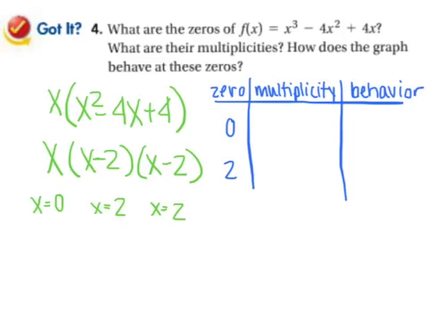What's the multiplicity of 0? Cameron? 1. What's my multiplicity of 2? Jack? 2. Right? Multiplicity of 1 has linear behavior. Multiplicity of 2 has quadratic behavior.